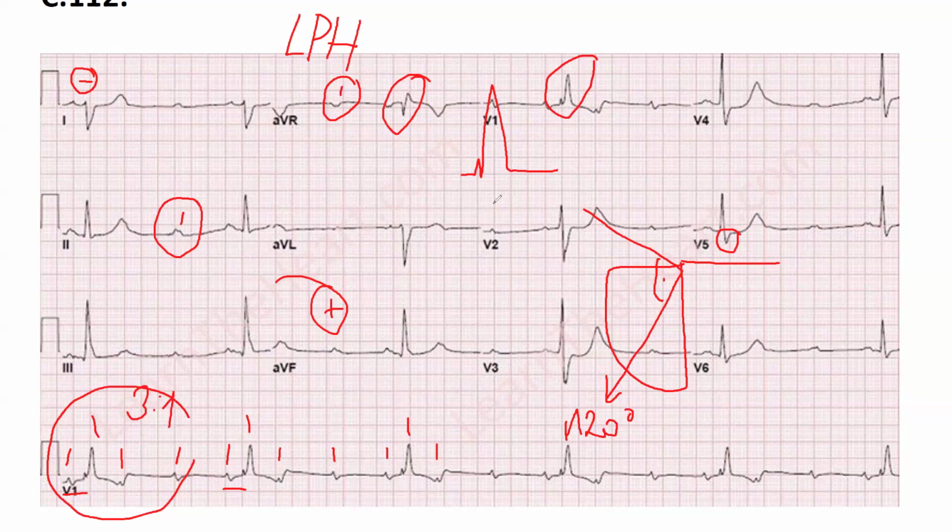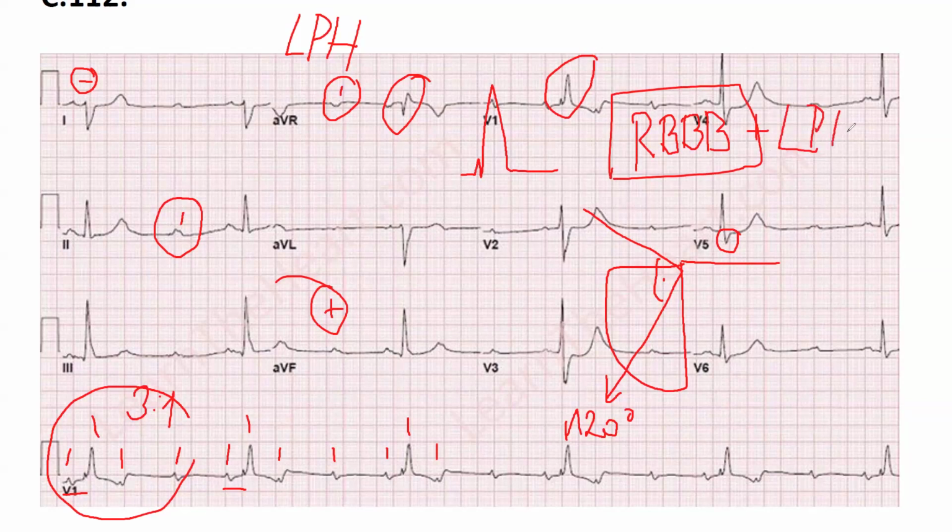This is the third or the fourth time that I'm explaining it. If you see this M complex, RSR complex in V1, what does it mean? Right bundle branch block, together with left posterior hemiblock.